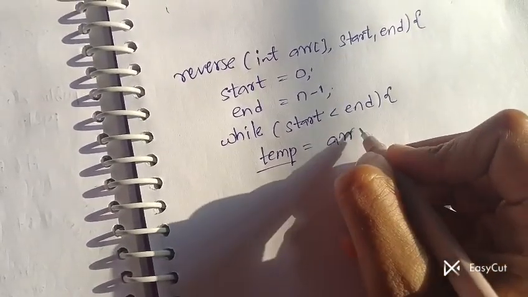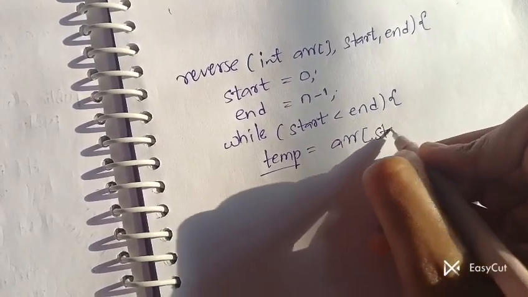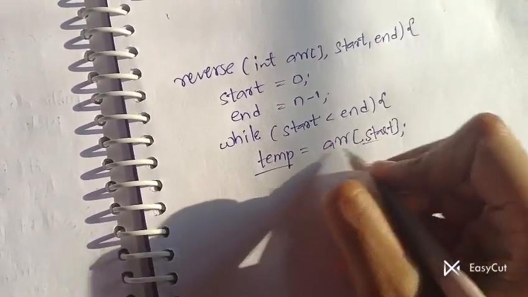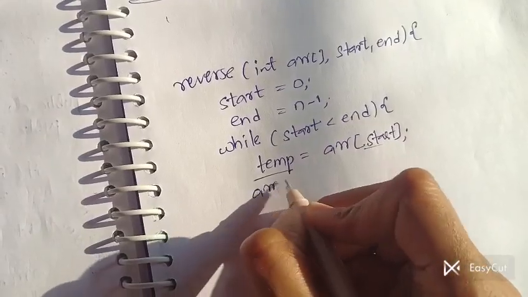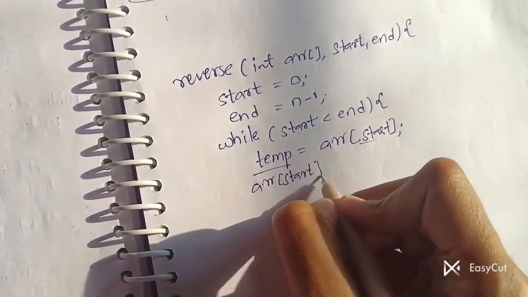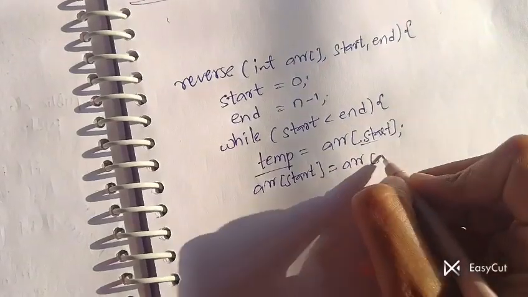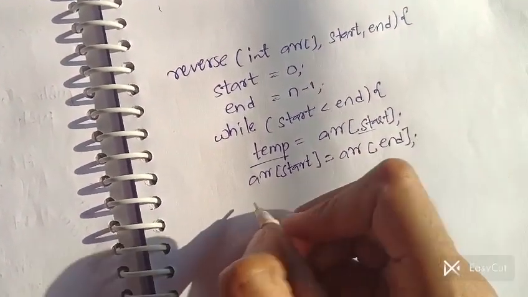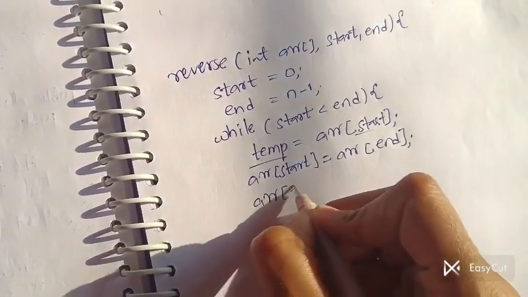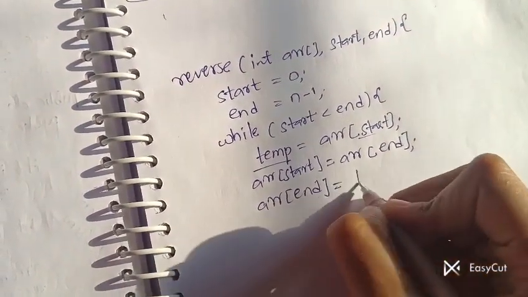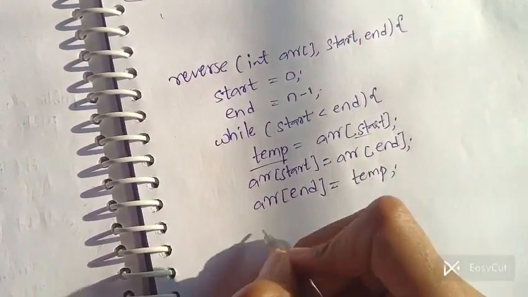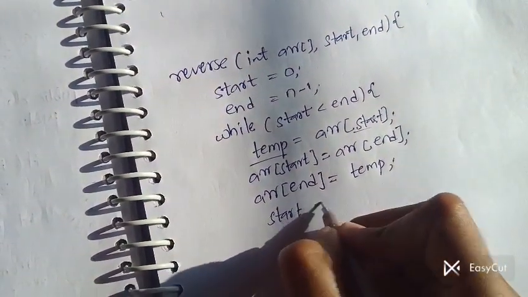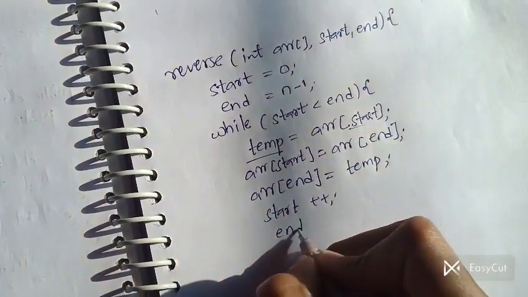So temp equals array of start. We are storing the start value in the temp variable. Then in place of the start value we are going to store the value of array of end. Now array of end will be equal to temp, and then we are going to increment start and decrement end.